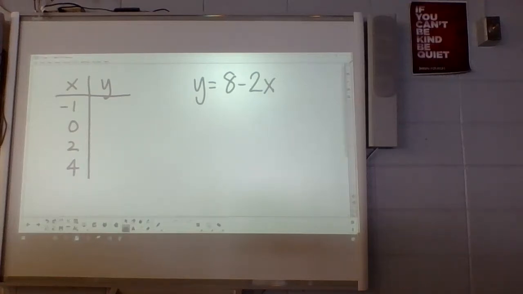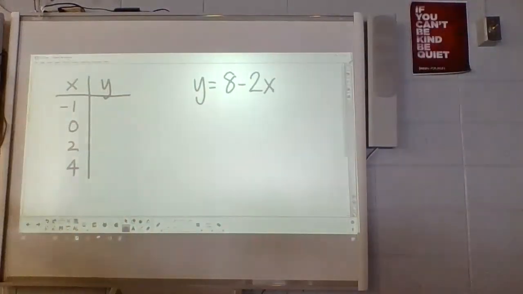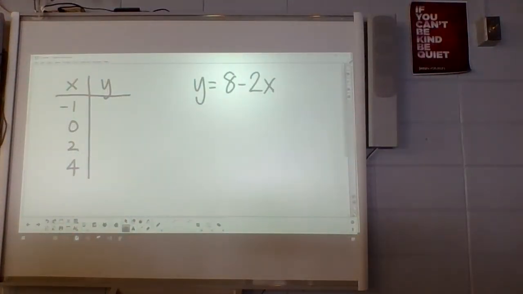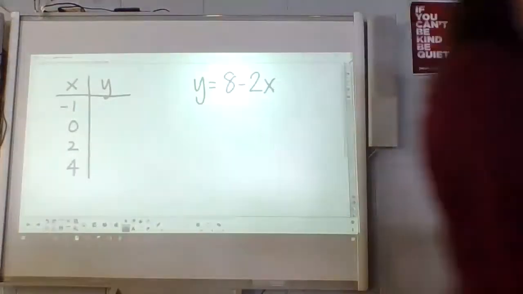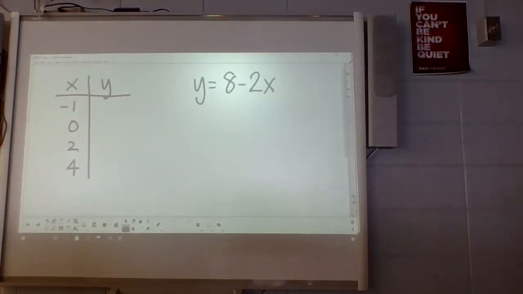Fill your table. Got it. You're good. Good job. Good job, Reed. I think your first one is not right. Check that one again. Careful, because it's at the end that you're putting that in.